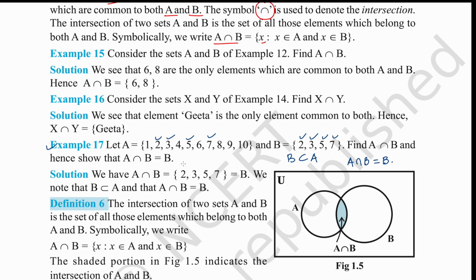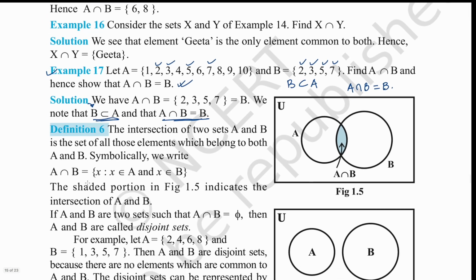So this is what you are getting as an answer. That means the set which is on the left-hand side of this subset operation.